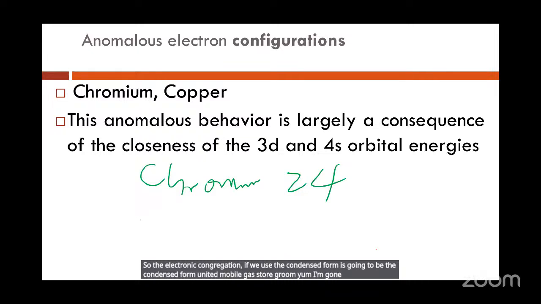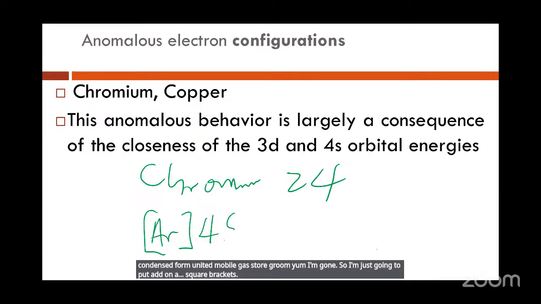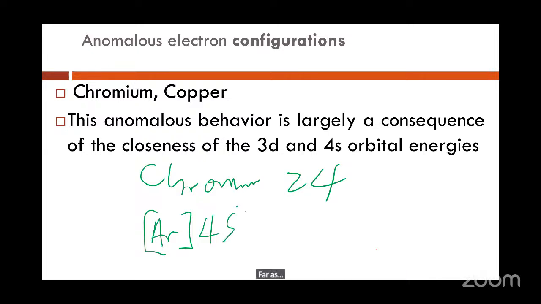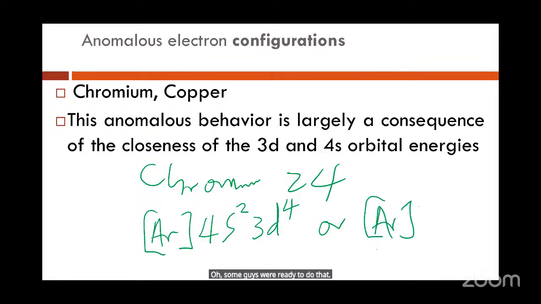So I'm just going to put argon, Ar, square bracket, 4s2, 3d4. Some guys will write it this way, or some guys will write it as Ar, 4s1, 3d5.